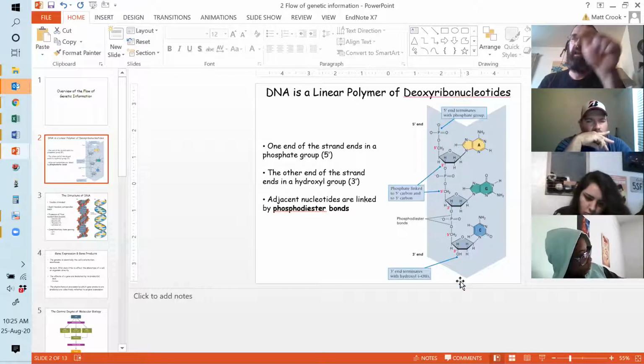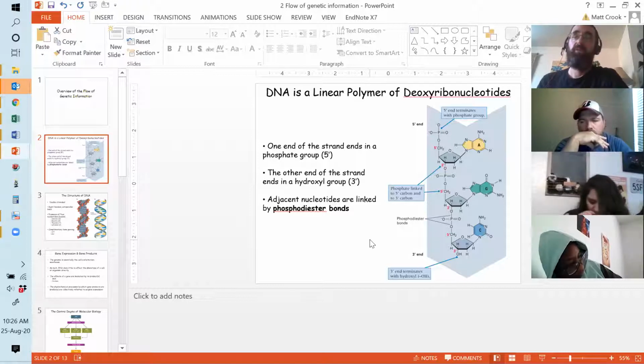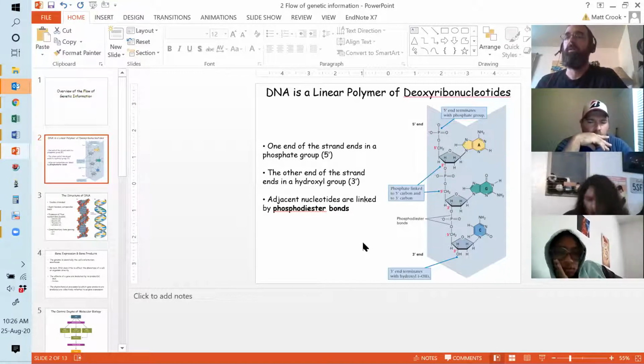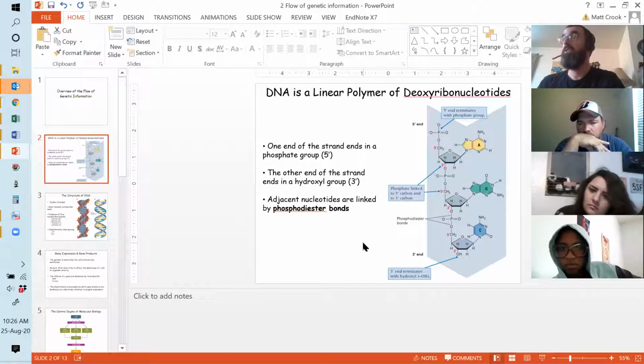You can only add bases to the bottom of this strand because that is the 3 prime end. When you're synthesizing mRNA, that also is true. You can only add new ribonucleotides to the 3 prime end. And so that generates consequences of much bigger things.